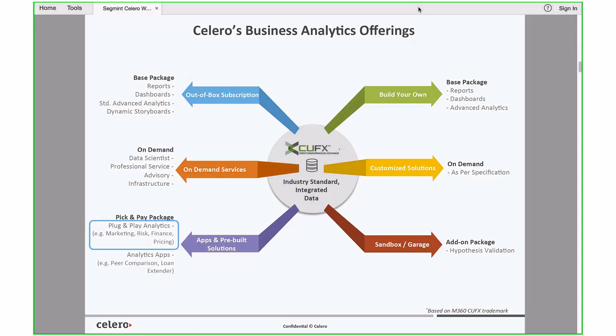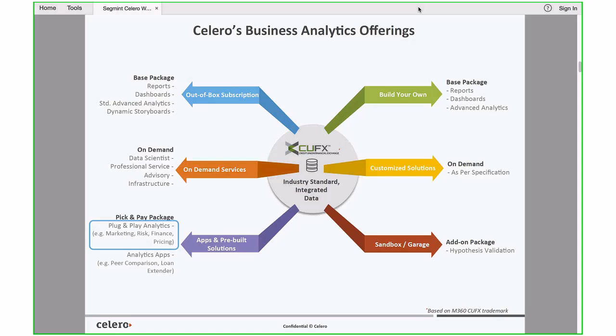The third part of the equation is the pick and pay package. We figured out there are a lot of smart technology providers like Segmint who have mastered very niche analytics solutions. So we have built a standard framework on which you can bring on plug and play solutions like Segmint and get the value for your investment.